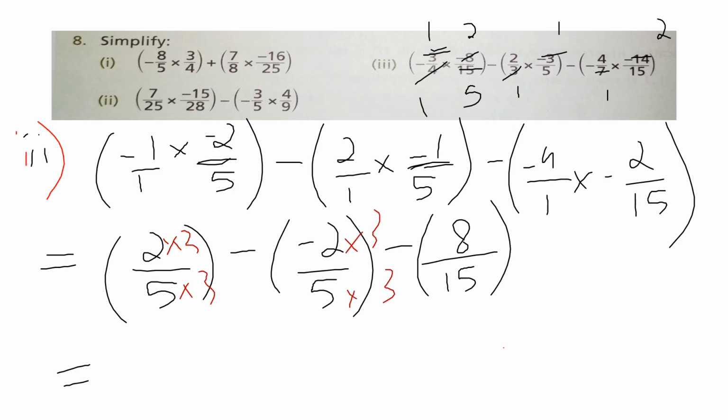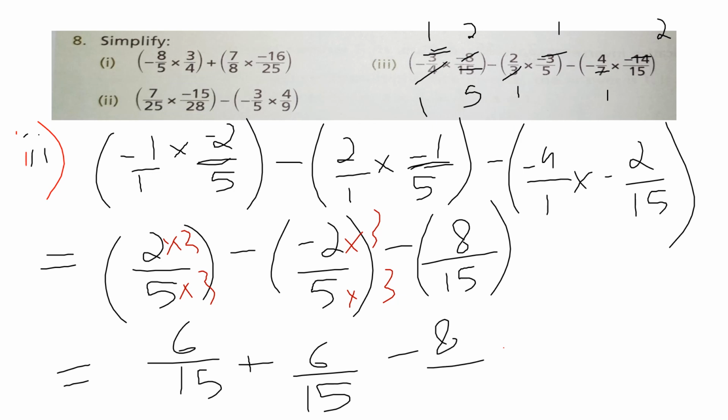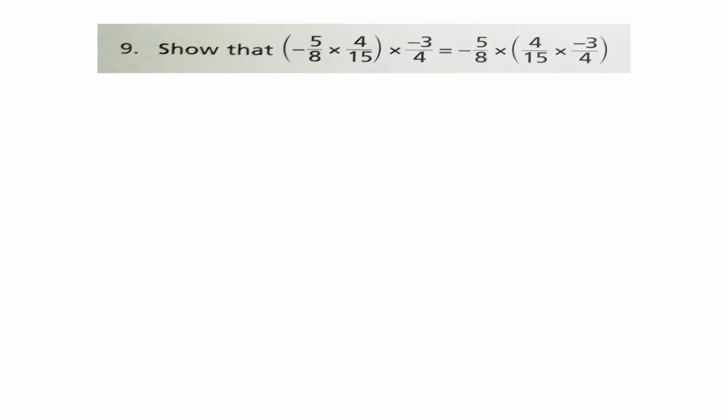So it will become 6 by 15 minus plus 6 by 15 and minus 8 by 15. Now their denominator is the same. 6 plus 6 is 12 and 12 minus 8 is 4. So it will be 4 by 15. The second part is your homework.